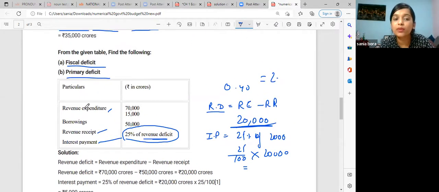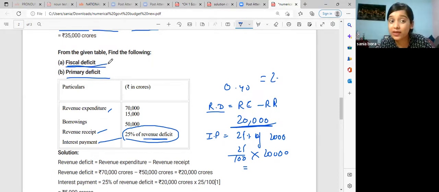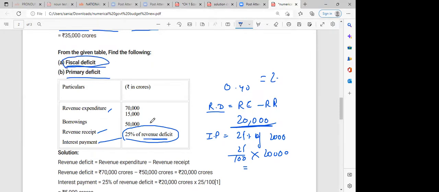Can anyone tell me what will be the fiscal deficit over here? By just looking at the question, what will you write? Fiscal deficit will be equal to?